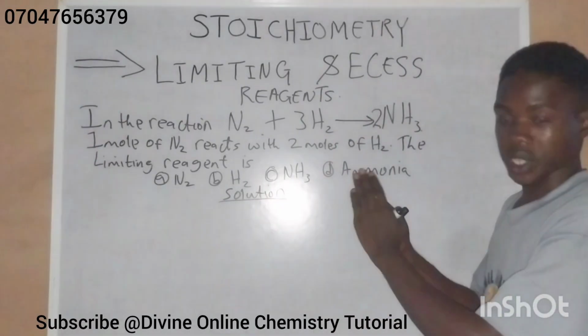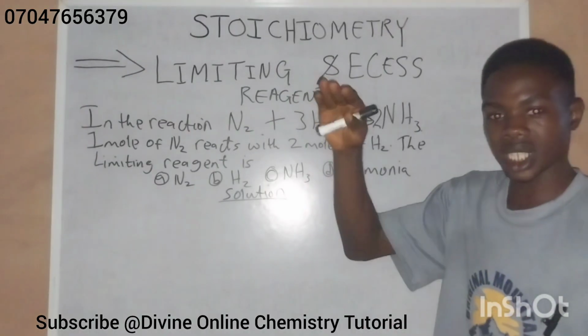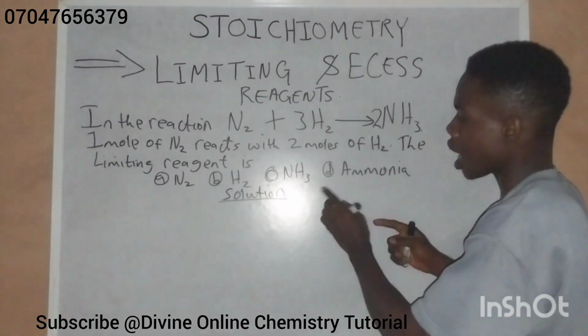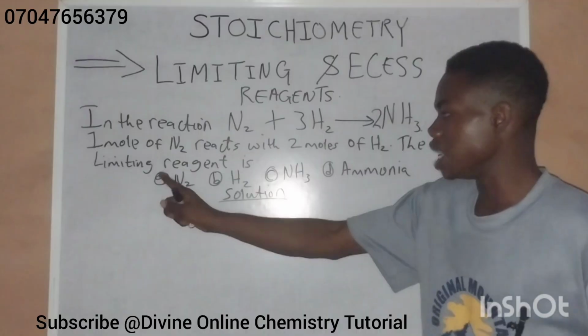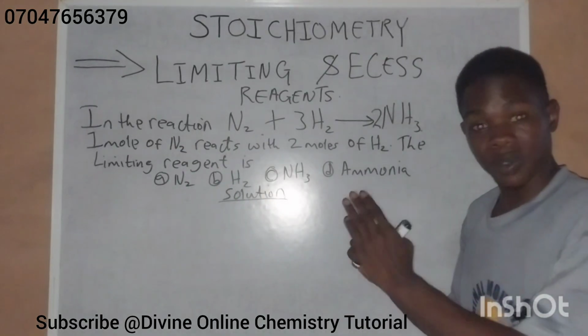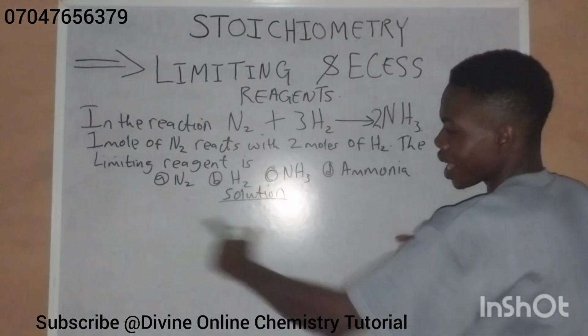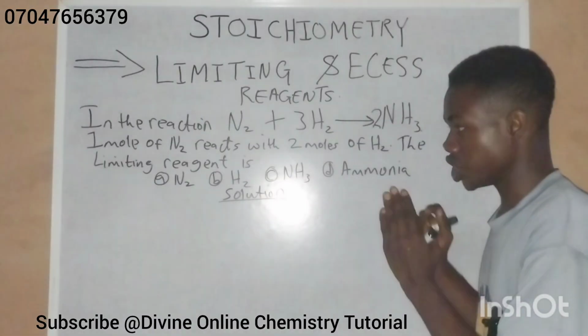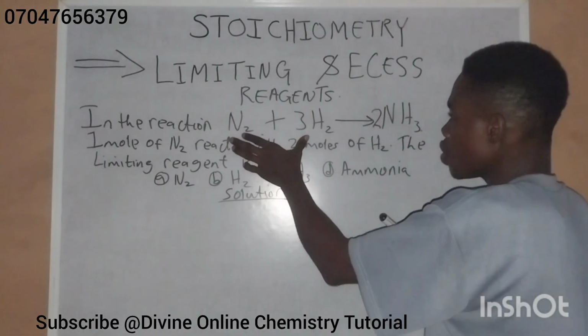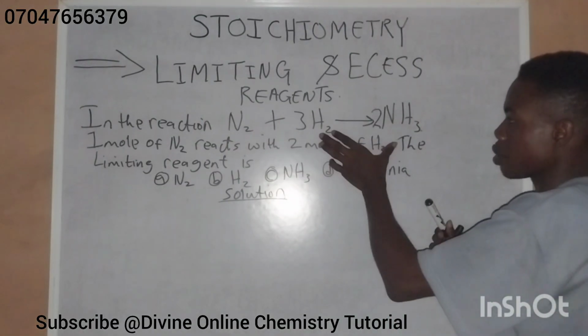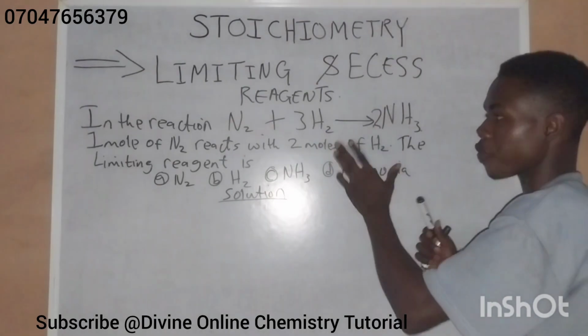Now, if you look at this question very well, you are going to use those steps I gave earlier to find the limiting reagent. The first step is to balance the chemical equation. If you look at this question very well, they already balanced it for us.